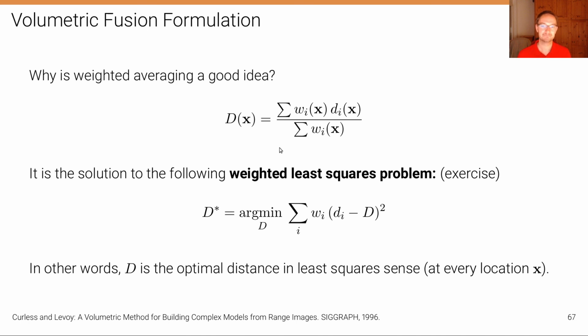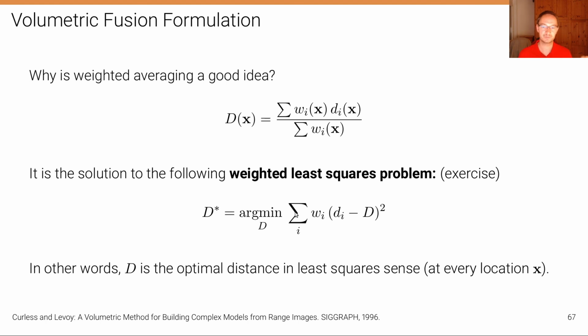Well, it is a good idea because it's the solution to a simple weighted least squares problem. What we do here effectively is we're trying to find a surface D, and this is just along a ray. It also holds true if we consider a more general setup.